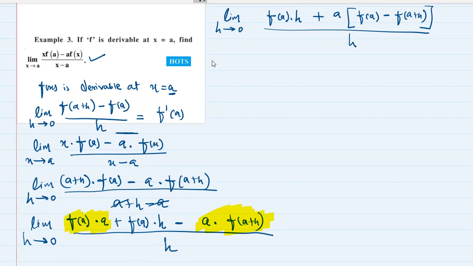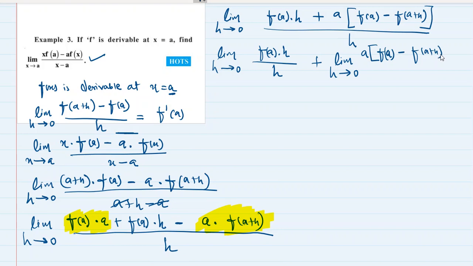Now let's separate the denominator and write it as this: limit when h tends to 0 of f of a multiplied by h upon h plus, we can also separate the limits when h tends to 0 of a bracket f of a minus f of a plus h, the whole upon h.